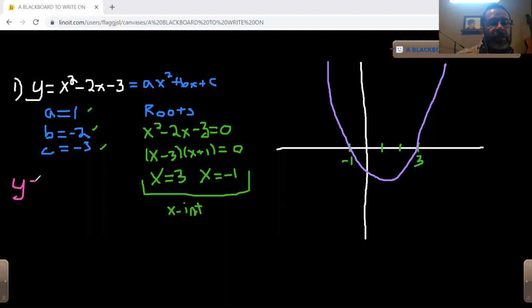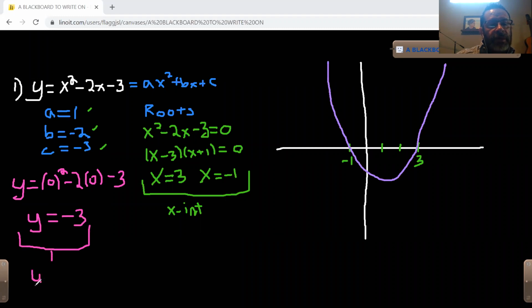So y is going to be equal to 0 squared minus 2 times 0 minus 3. So the y-intercept is going to be minus 3. This is the y-intercept.